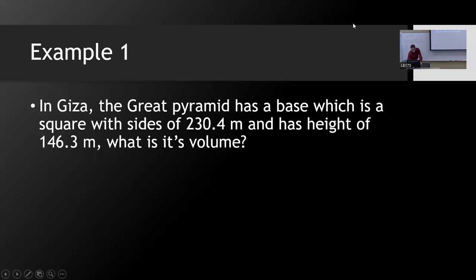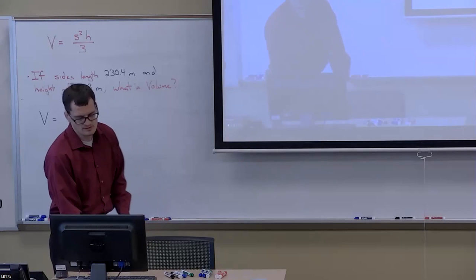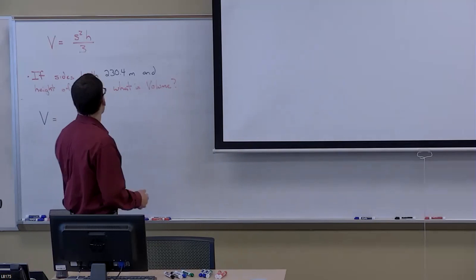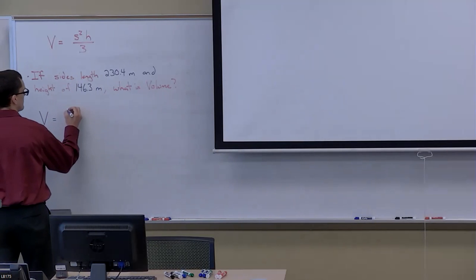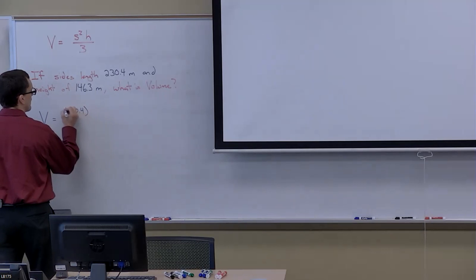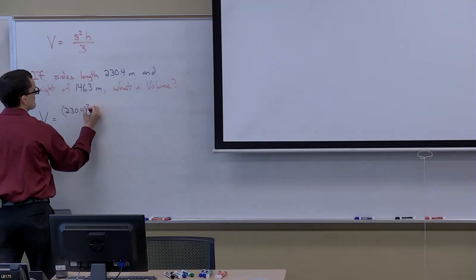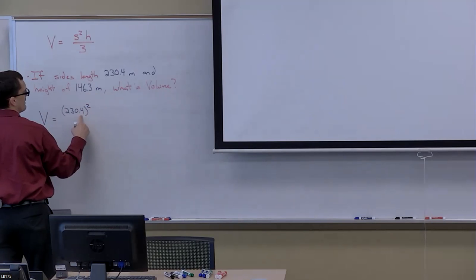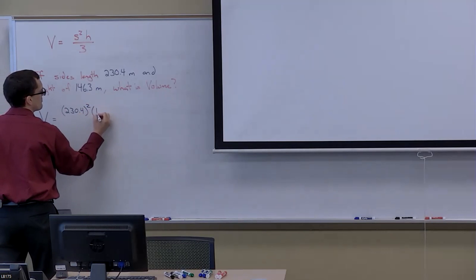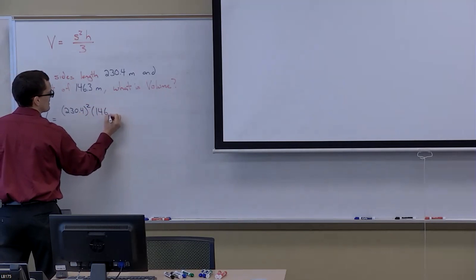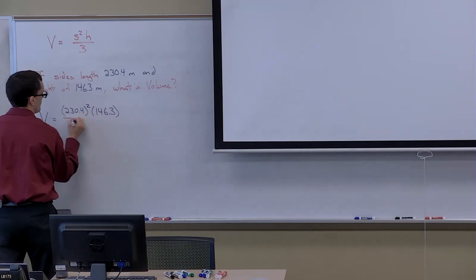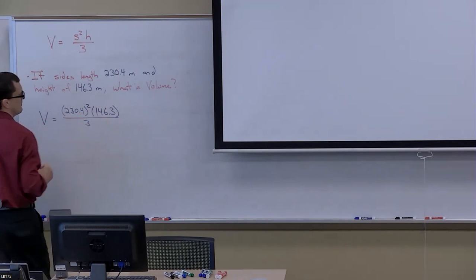All right. So let's take a look at this one. Side lengths are 230.4. So I put that in for my S. Put that in, square it, multiply by 146.3 because I put that in for my H, and then divide by 3.